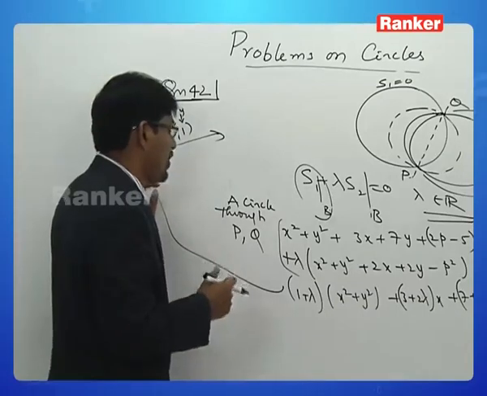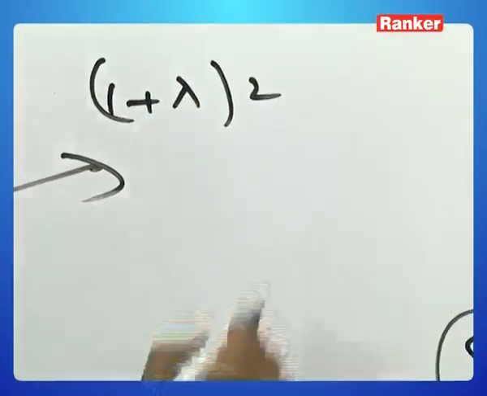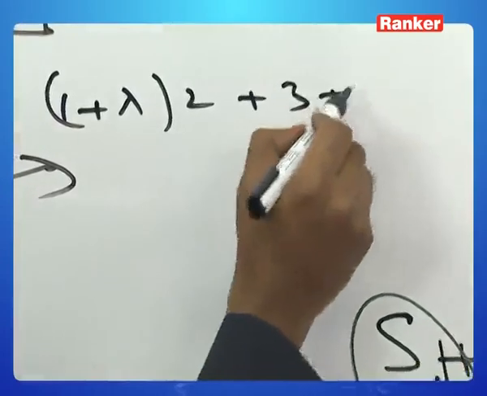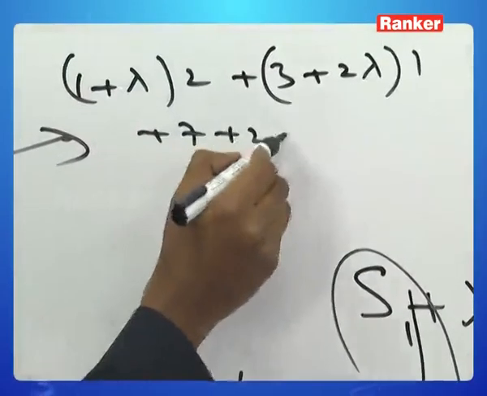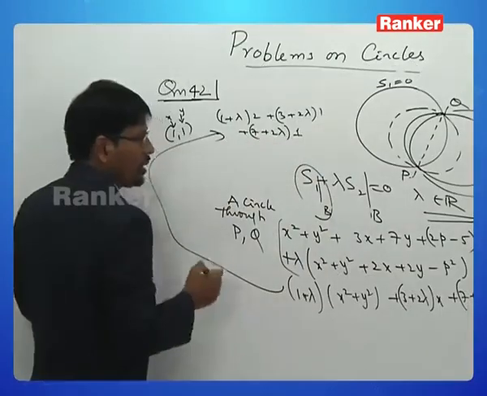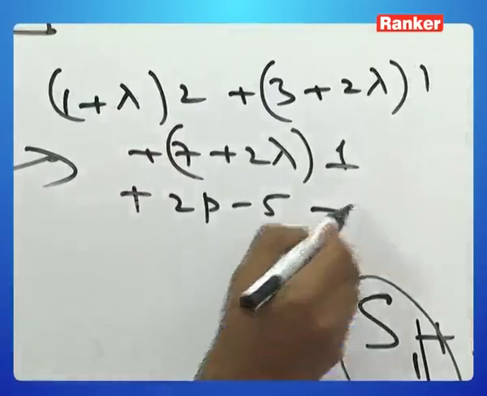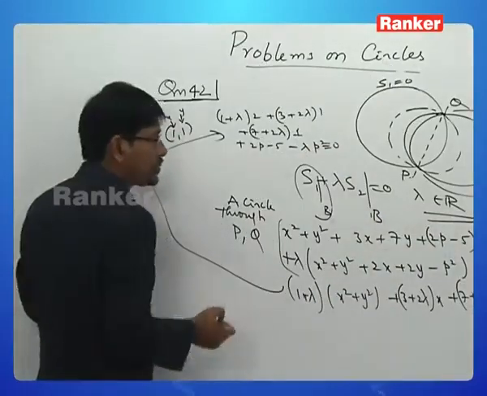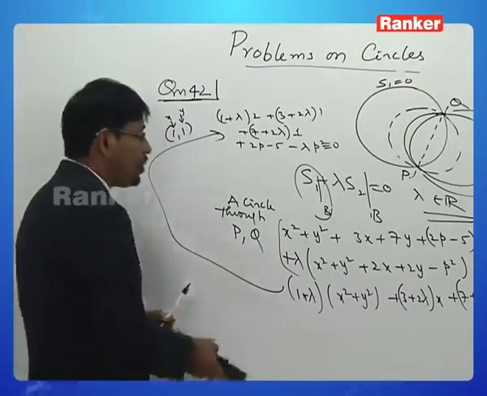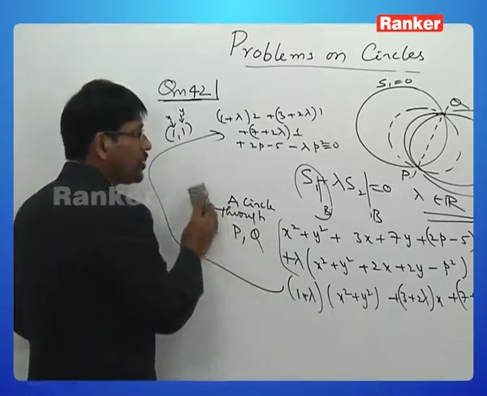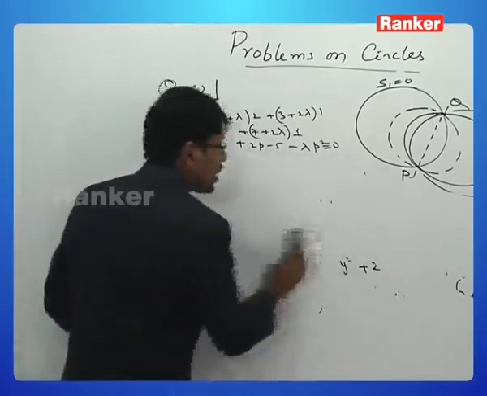So 1 plus lambda into 2, plus 3 plus 2 lambda into 1, plus 7 plus 2 lambda into 1, plus 2p minus 5, minus lambda p square equal to 0. So that becomes our equation, assuming that there is such a circle passing through the point 1 comma 1 and also the points capital P and capital Q.